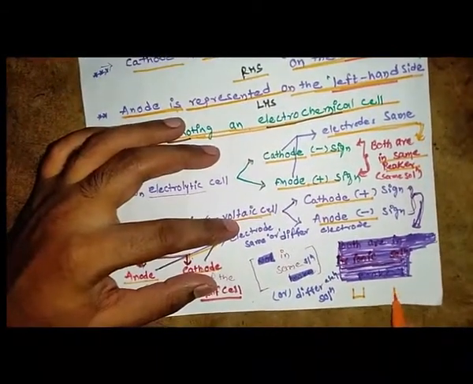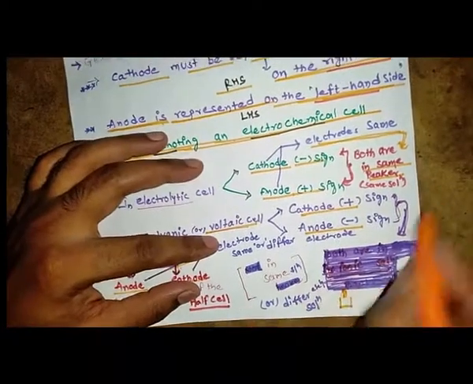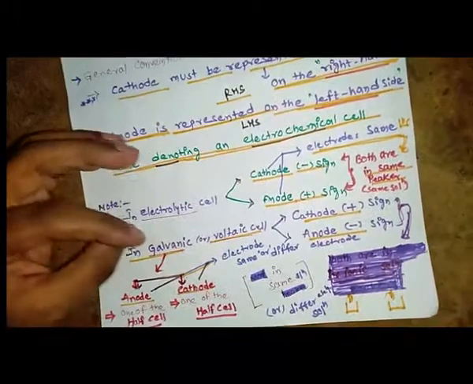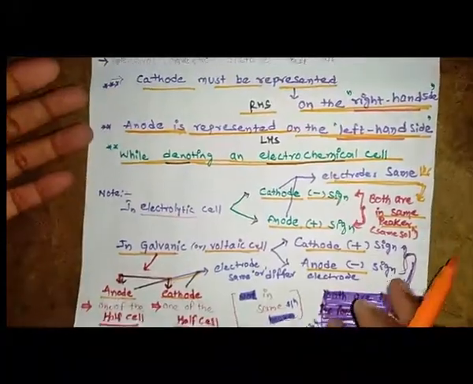In the electrolytic cell, both electrodes are in one beaker, but here the anode is in one beaker and the cathode in another beaker. Okay, clear? Right, now I think you understood these points.